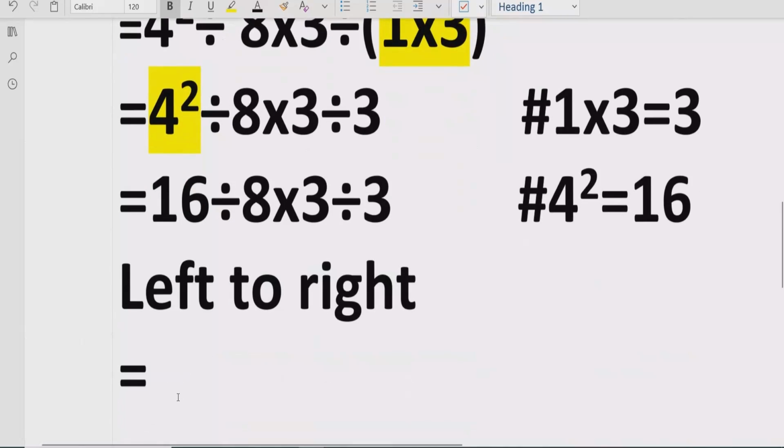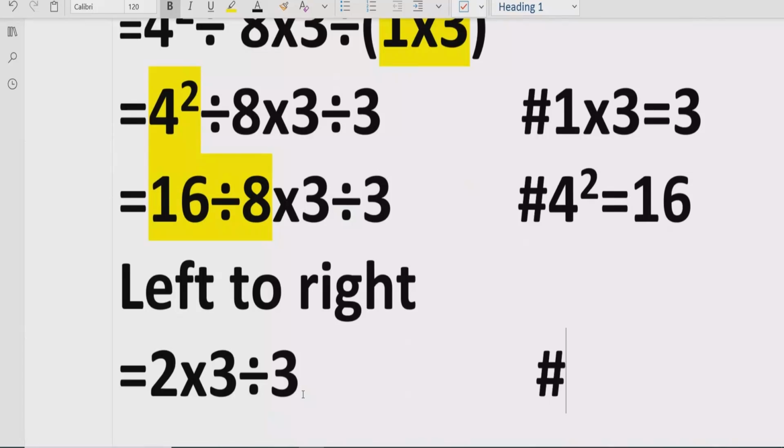So now we have 16 divided by 8. So we have to solve this one first. 16 divided by 8, which is 2, multiplied by 3 and divided by 3. We will write here as it is. And here we have to give the reference: 16 divided by 8 equals 2.